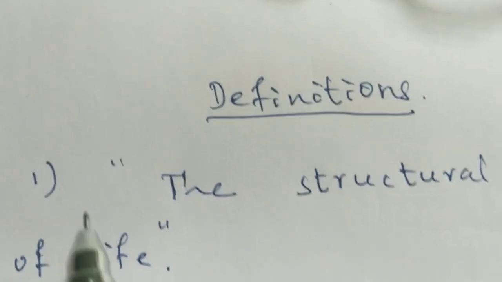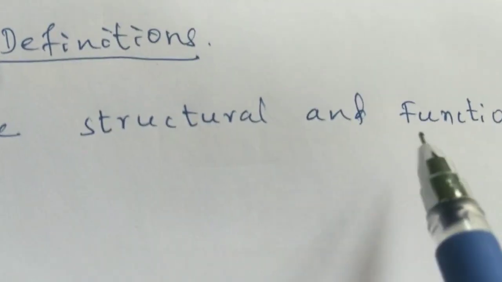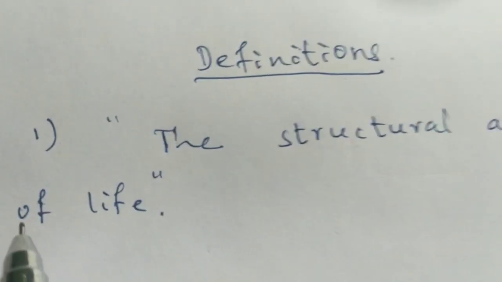How is it defined as? The cell is defined as the structural and functional unit of life.